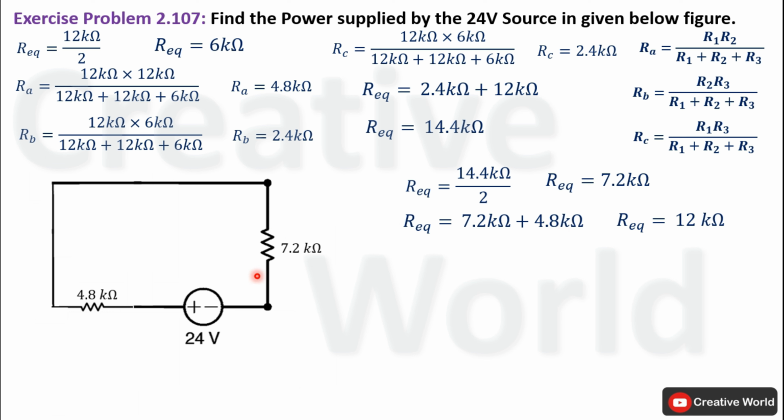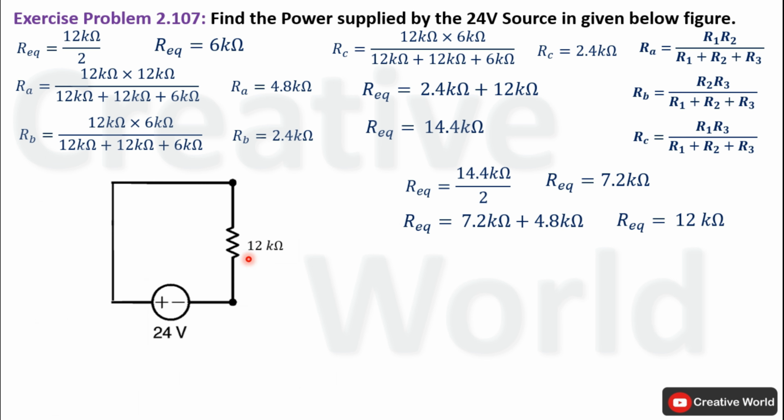So now we have a single resistance of 12 kilo ohm connected across 24 volt, and this 12 kilo ohm is the equivalent resistance of the complete network. So we can calculate the total supplied power through this voltage source using this equivalent resistance of the complete network.